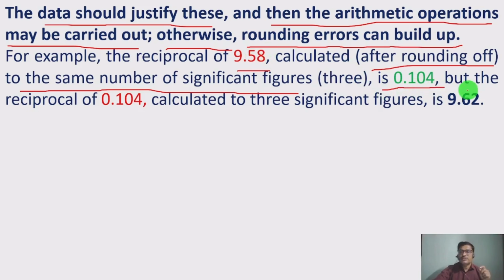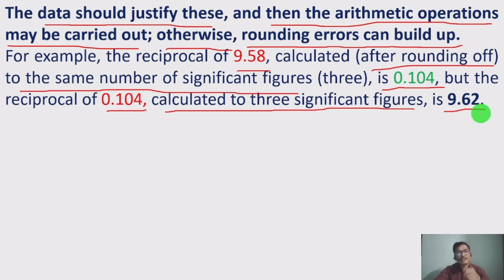If you take the reciprocal of 9.58, we get 0.104. But the reciprocal of 0.104 calculated to three significant figures is 9.62. Here we can observe that the reciprocal of 9.58 is 0.104, but the reciprocal of 0.104 is 9.62. This is the rounding error, which differs from the original value.